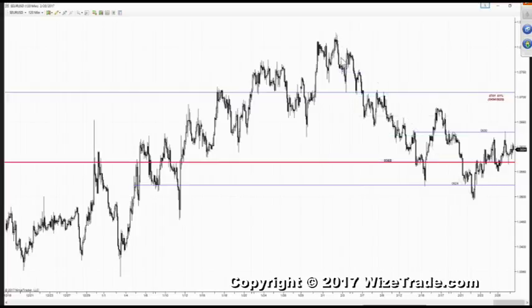Now, the 701, that's going to be the 61%, but remember the 716 area, I remember that clearly, and then we had that 720.